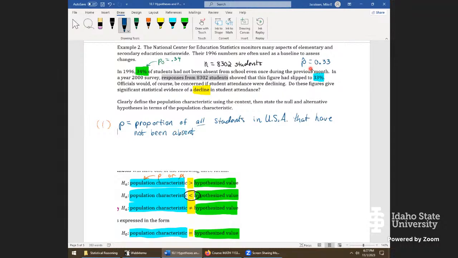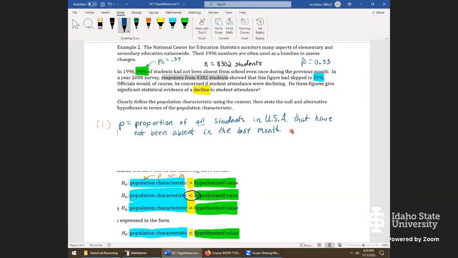I'll just say have not been absent. We don't need to say even once to give that emphasis. We'll still have the right statement. In the last, I'll mention their work in the last month. Although it's tempting to say previous 30 days, I'm not completely sure how they're recording this information. So that'll be how I write down that population characteristic P here. Does that look right to everyone? Any additions or changes you'd want to make to that?